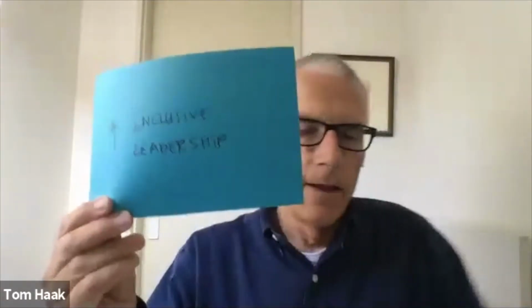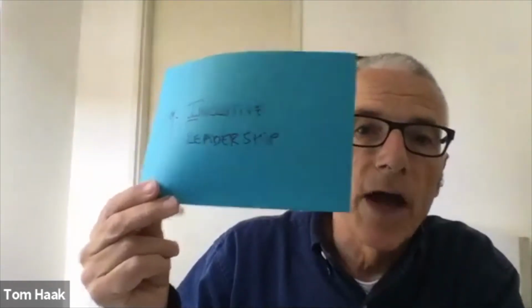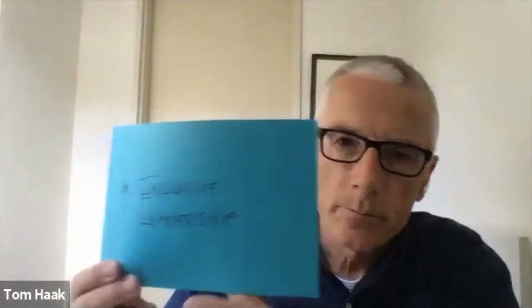Number 9, and I think I still have time. Number 9, inclusive leadership. What we have seen in these COVID days is that teams and organizations that are more based on self-managed teams, that are less dependent on the hierarchy, are generally doing better.